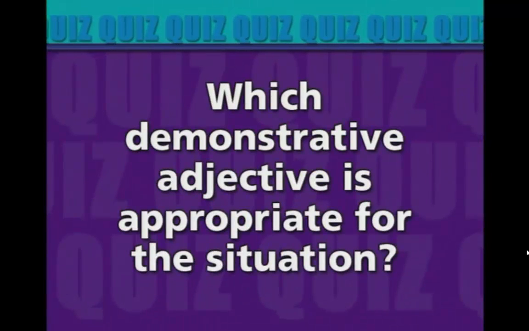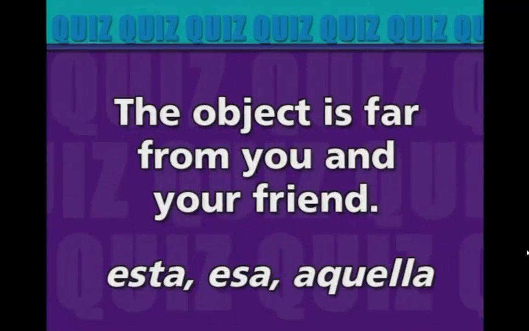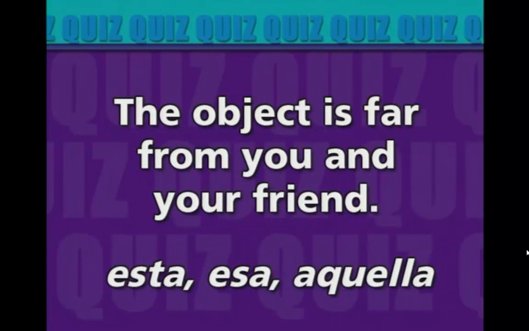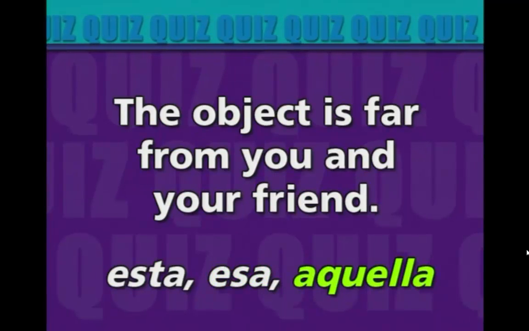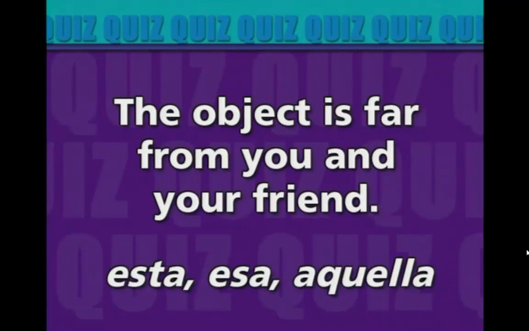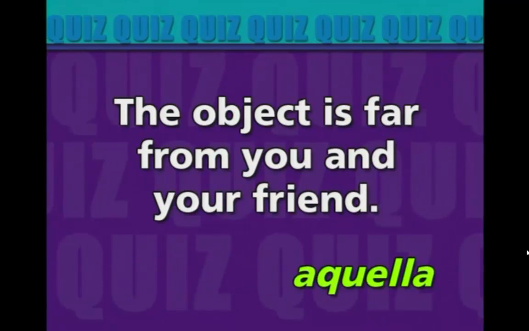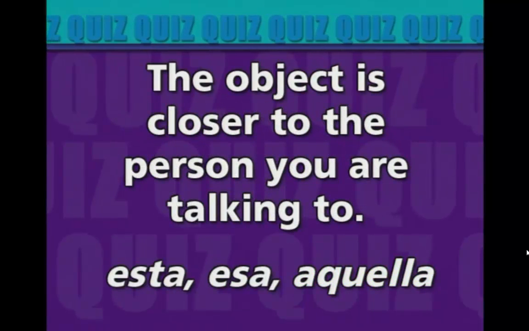Think you got that? Check your knowledge with this quiz. Which demonstrative adjective is appropriate for the situation? The object is far from you and your friend. Esta, esa, or aquella. Aquella. The object is closer to the person you are talking to.